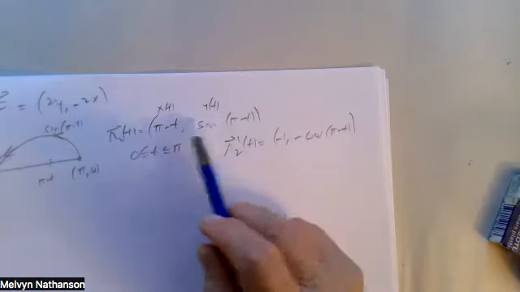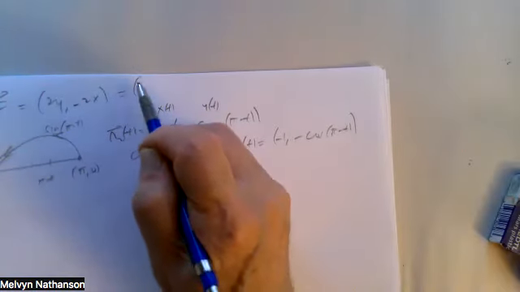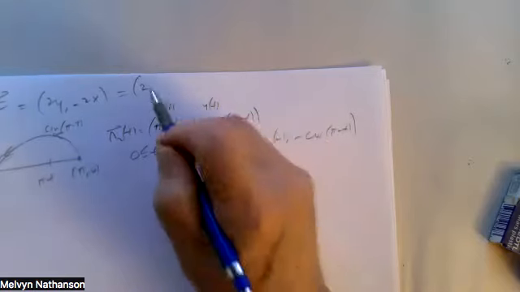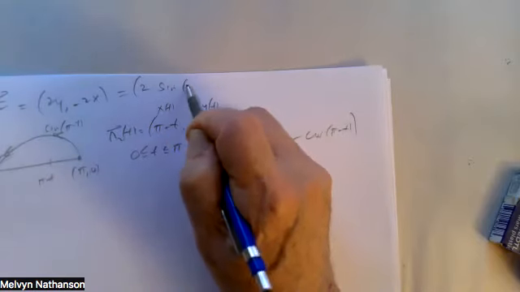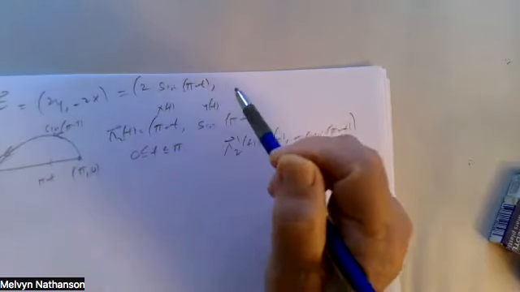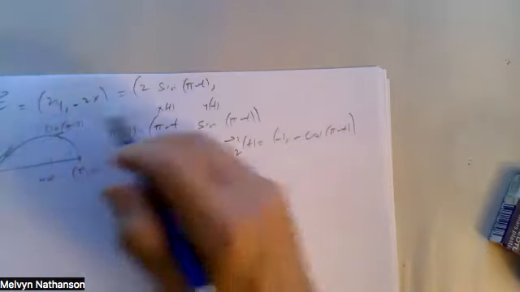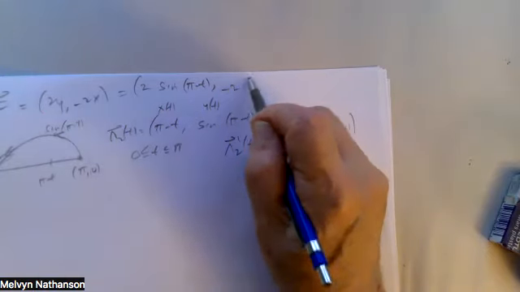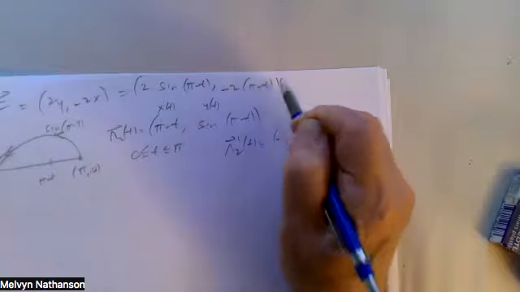And for these values of x and y, 2y is 2 times the sine of pi minus t, and minus 2x is minus 2 times pi minus t.